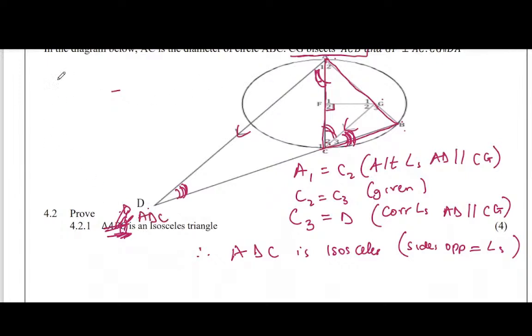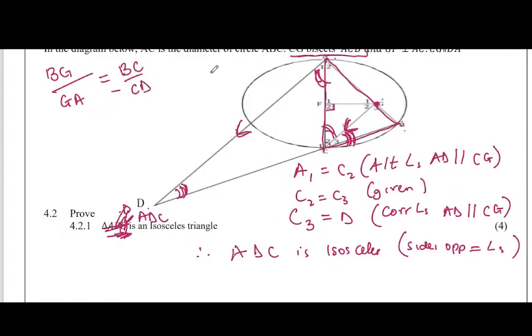From the proportionality theorem, we know that BG is where the parallel lines are, these are the parallel lines. So the BG over the GA must be the same as BC over CD.